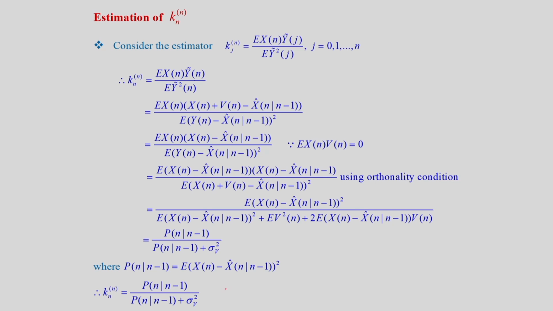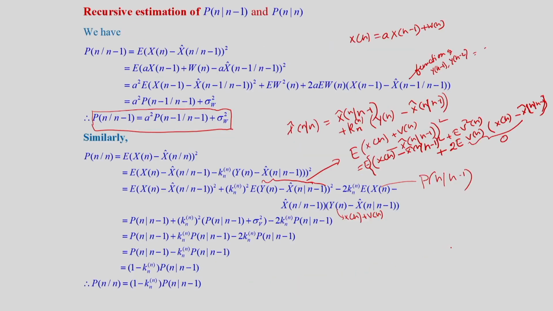From this relationship, we can get that k n into (P of n given n minus 1 plus sigma v square) must be equal to P of n given n minus 1. So, here k n square is there; one k n we will keep, times (P of n given n minus 1 plus sigma v square).